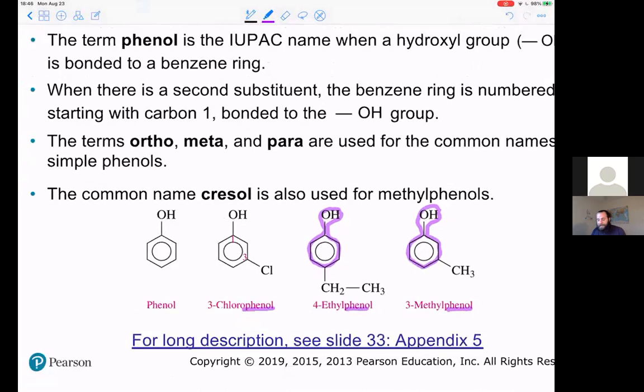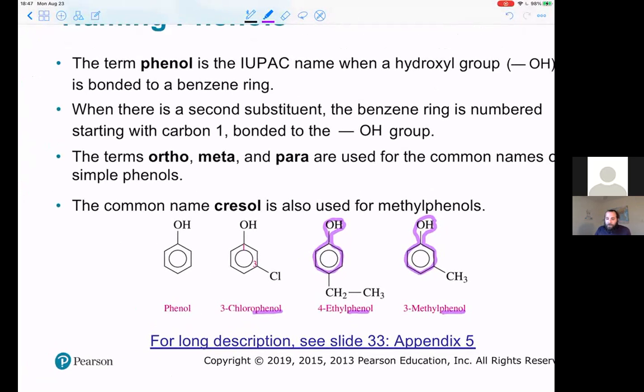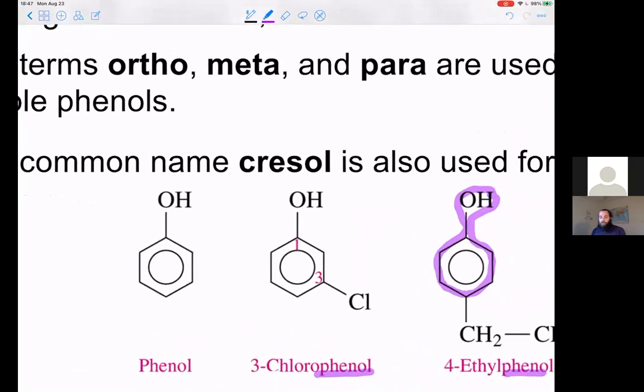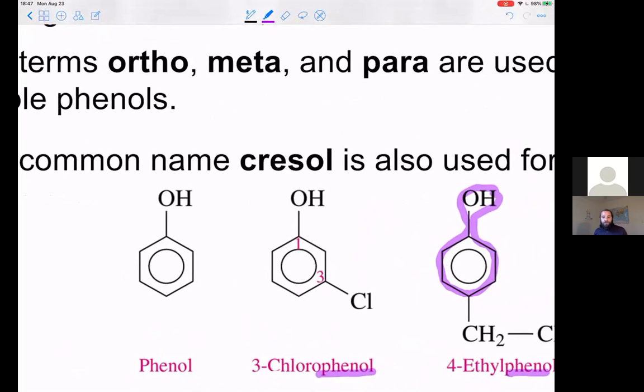Now, there's a fancier way to name these when you have 2 substituents on a benzene ring, and that is the ortho-meta-para designations. I didn't want to go too far into that because it seems like it's a little bit above the pay grade of this course, but I do keep on seeing it over and over again, so I do want to mention it real quick. Ortho-meta-para corresponds to how far away these 2 substituents are from one another. So here's our base substituent, the OH group that we're talking about, right?